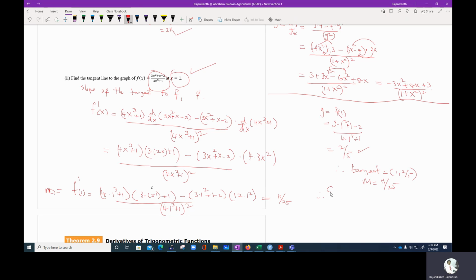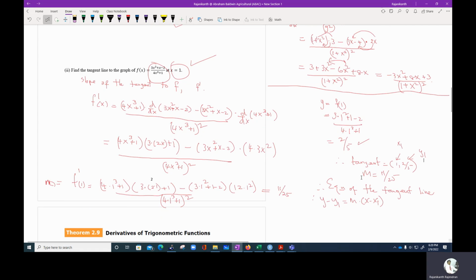Therefore, the equation of the tangent line is simply the formula y minus y1 equals m times x minus x1. You know this is x1 and this is y1. You are given a point, right? The tangent point.